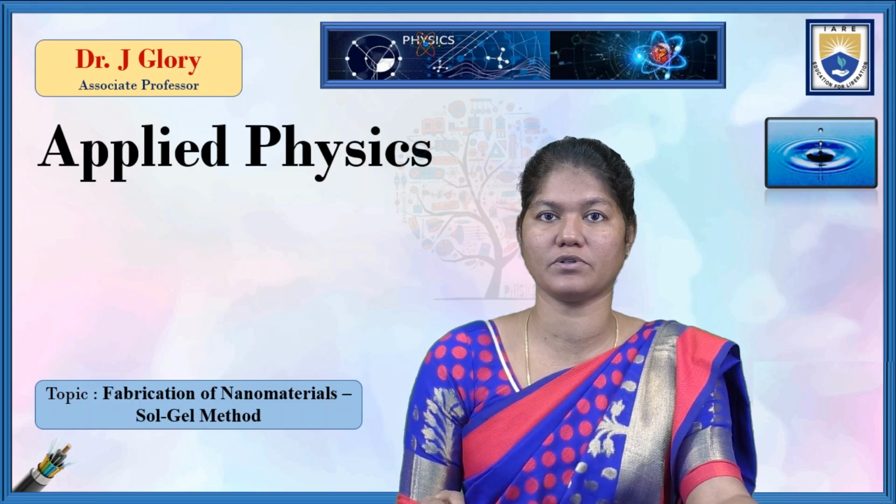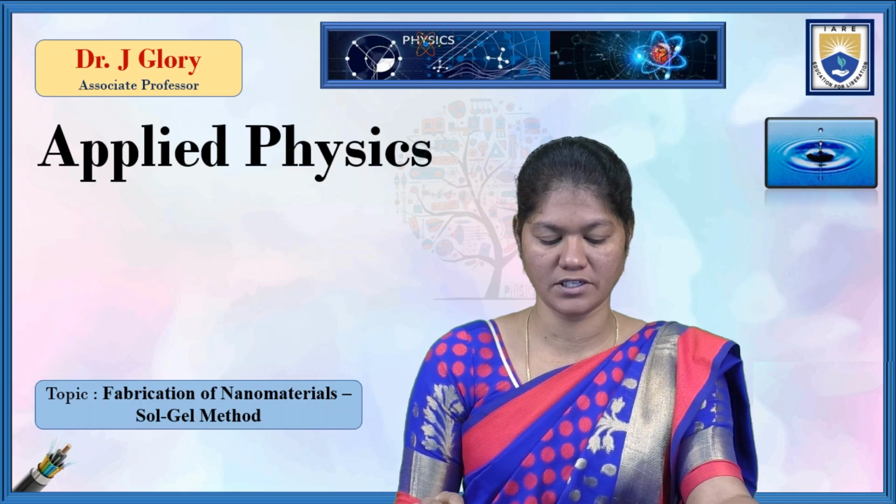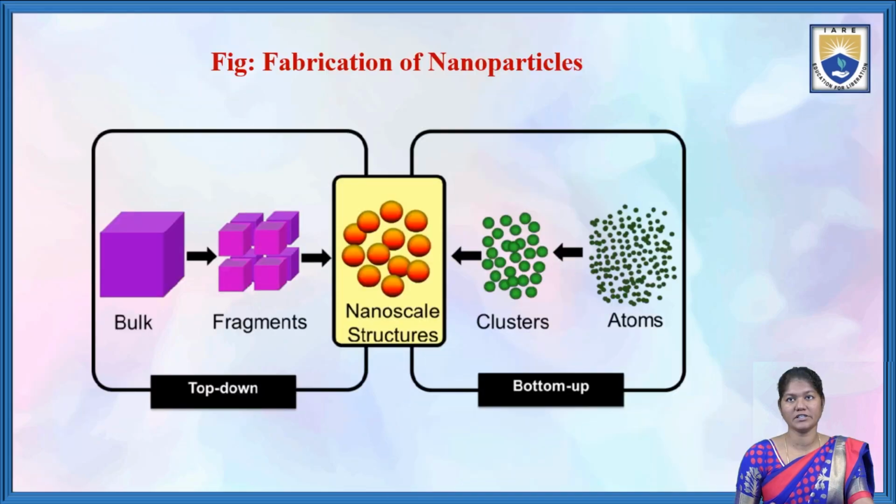Today I wish to tell about the fabrication of nanomaterials, the sol-gel method. We already discussed the different approaches in the fabrication of nanoparticles, that is, the top-down approach and the bottom-up approach. The top-down approach is getting nanoparticles from the bulk size.